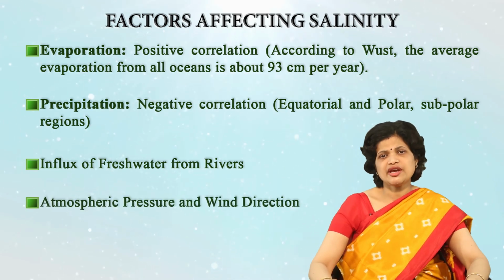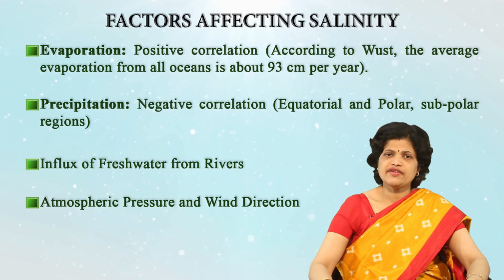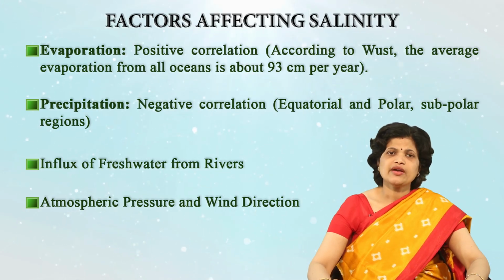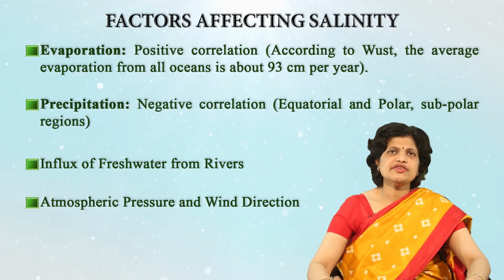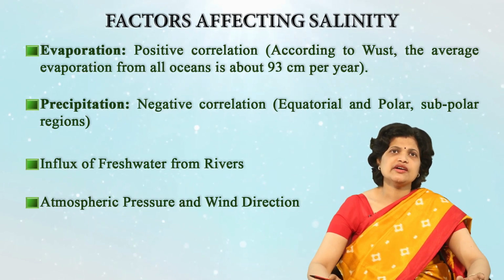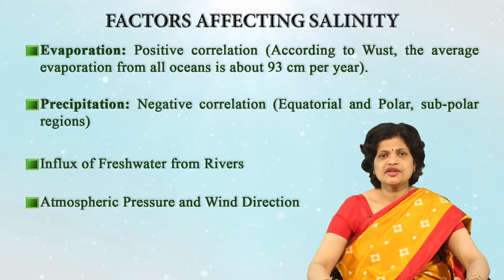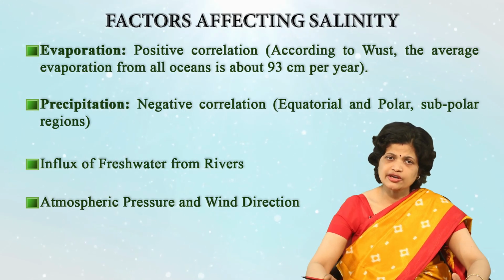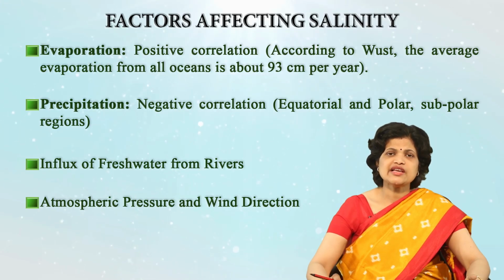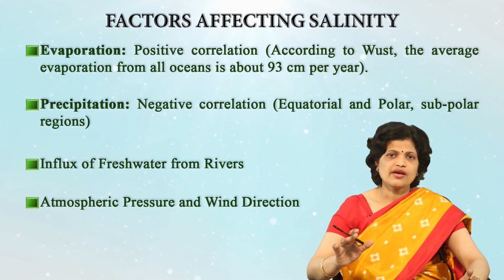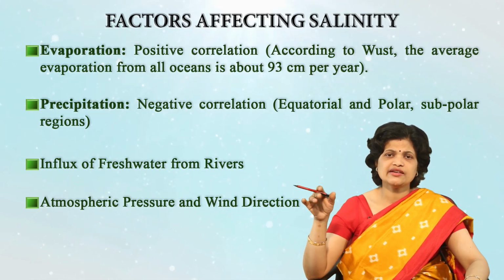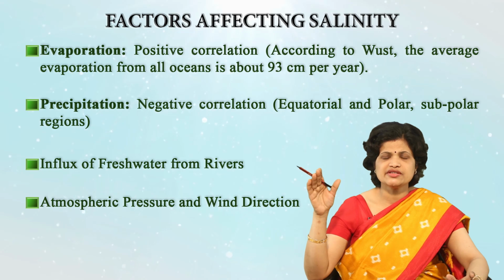Now, atmospheric pressure and wind direction also affect the salinity of the oceans. Let me explain atmospheric pressure first. In subtropical high pressure regions, where there are calm, anticyclonic conditions prevailing, salinity will increase. And wind direction also has an effect on salinity, take for example the trade winds.